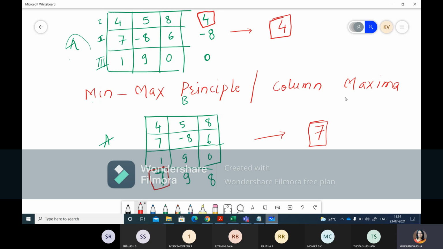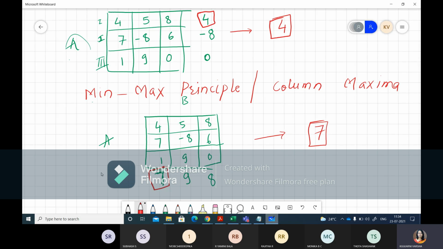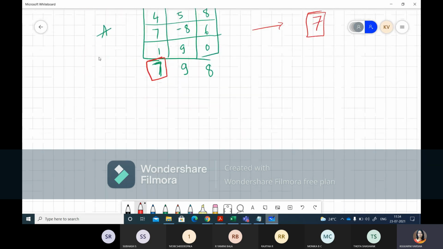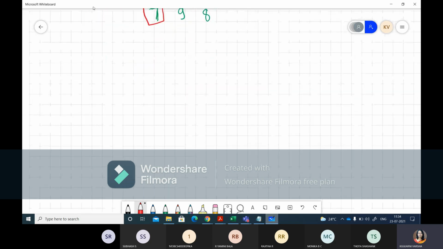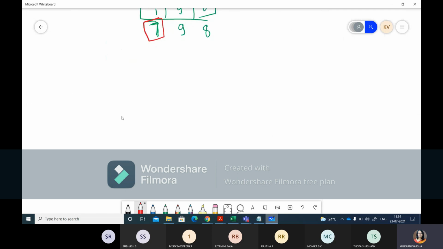Now, using all these concepts, we'll go for finding the solution of the game. To get the solution of a game, we have three different methods, and the first one is the saddle point.